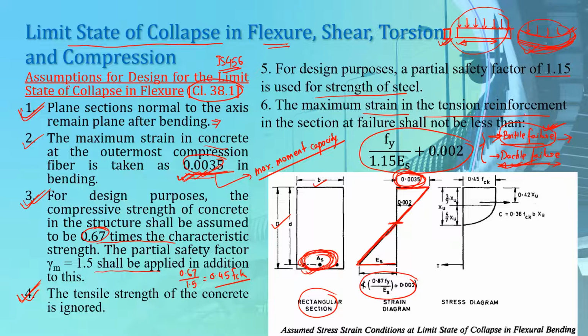So our maximum strain in the tension reinforcement in the section at failure shall not be less than this value here. First of all, let us look at this value here. Fy means the yield stress or yield strength of our steel, and Es is the value of the modulus of elasticity for steel.